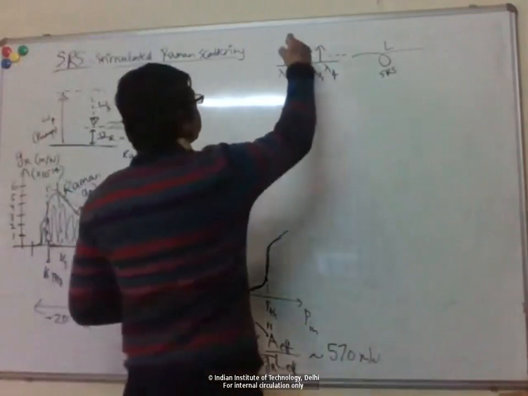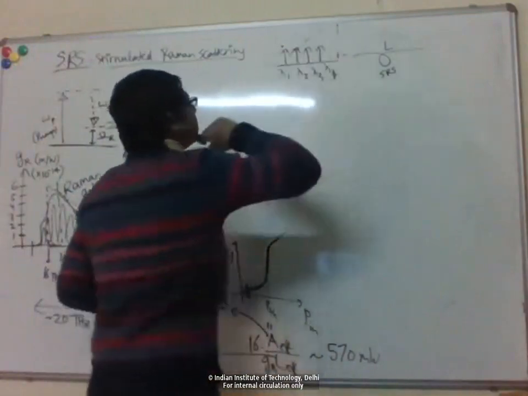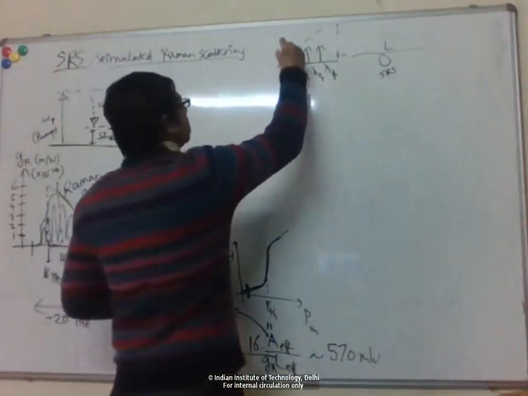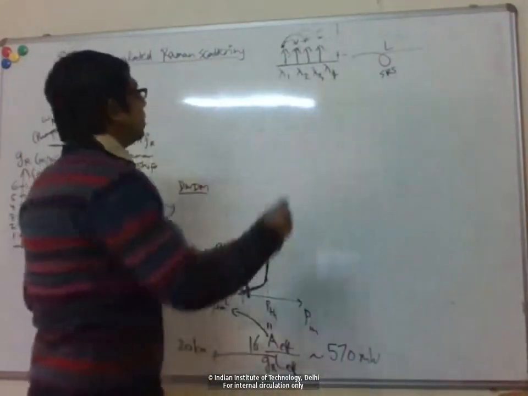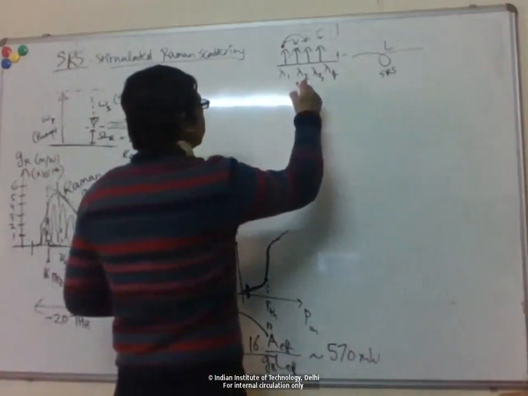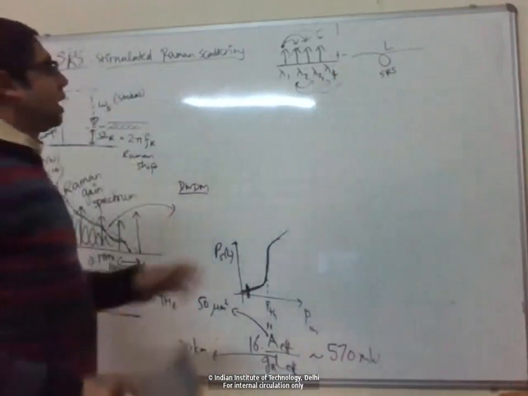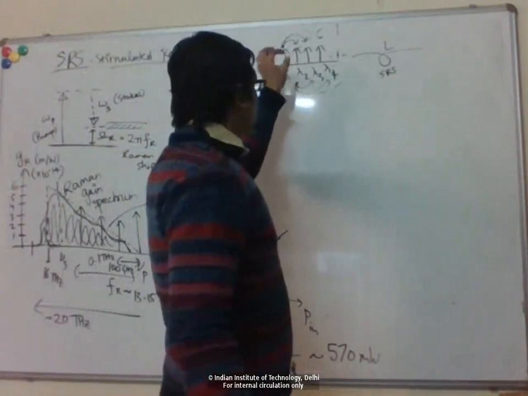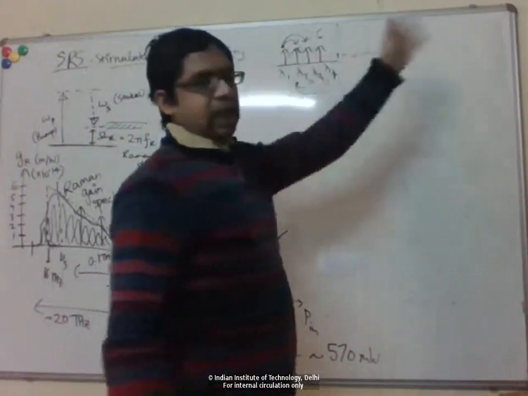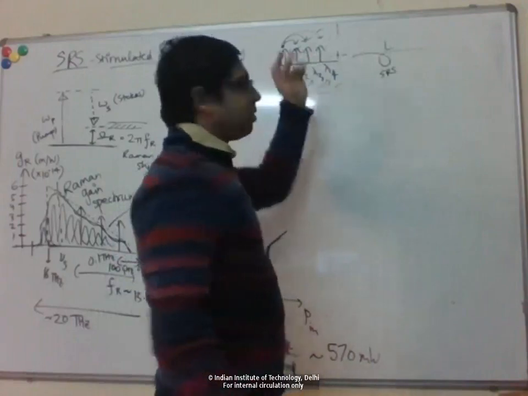And all of these lie within the Raman gain. So what happens is that from lambda 1, I'll transfer power to lambda 2, lambda 3, lambda 4, all the higher wavelengths. Similarly, from lambda 2, I'll transfer power to lambda 3, lambda 4, etc. So at each wavelength, I'll transfer power from that wavelength to the higher wavelengths, and I'll receive power from the lower wavelength signals.